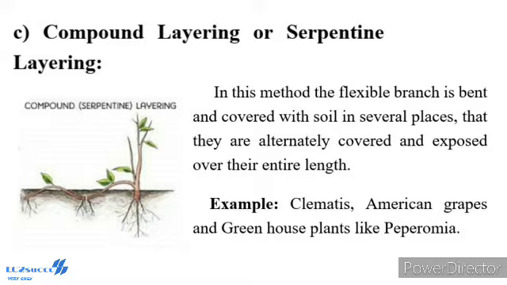So compound layering is also known as serpentine layering. Rooting takes place in the portion of the stem that is buried in the soil and develops new shoots on the exposed portion of the stem. The new plant may be severed from the parent plant. Example, ornamental vines like clematis, American grapes, and greenhouse plants like peperomia.